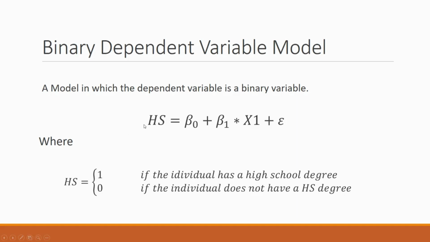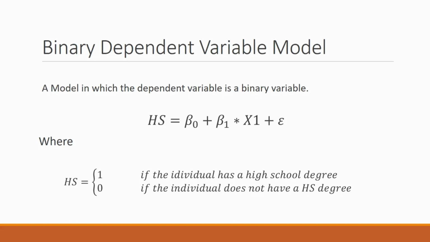But the point is that we often want to know the determinants of some binary outcome. Does someone have something or not? Does someone do something or not? It's black and white. For example, whether or not parents send their kids to school, school attendance.